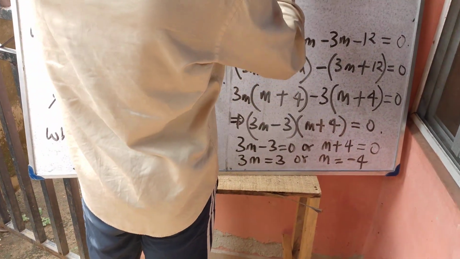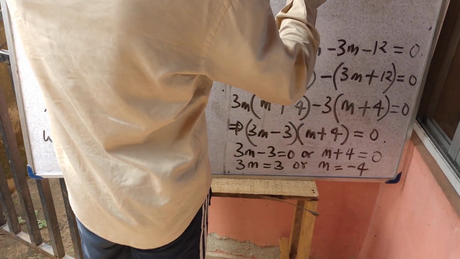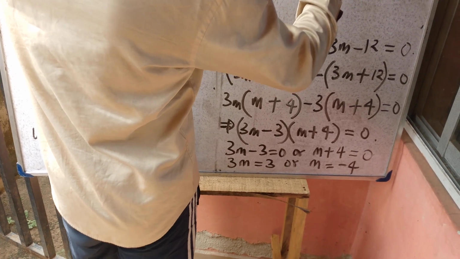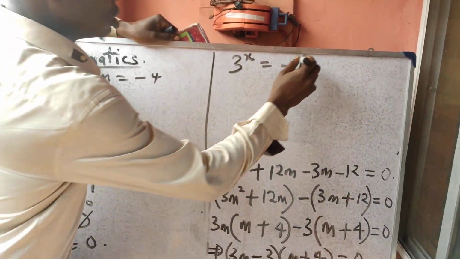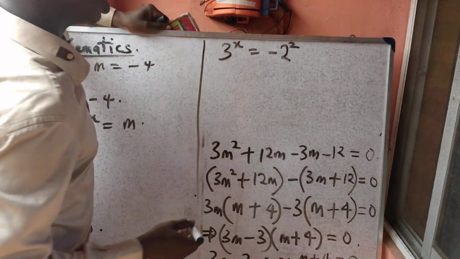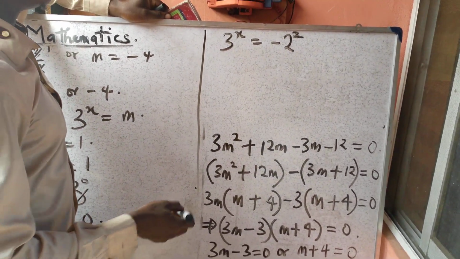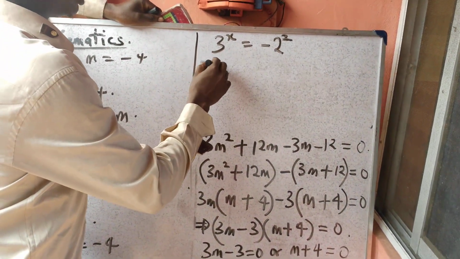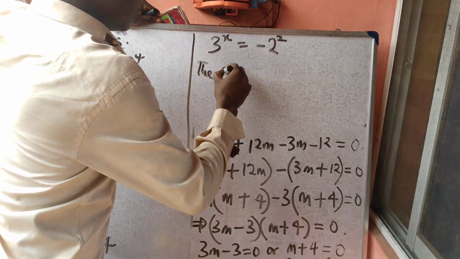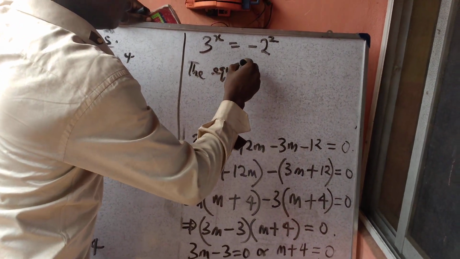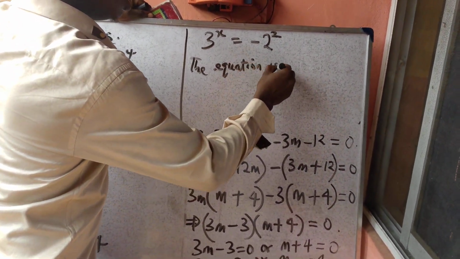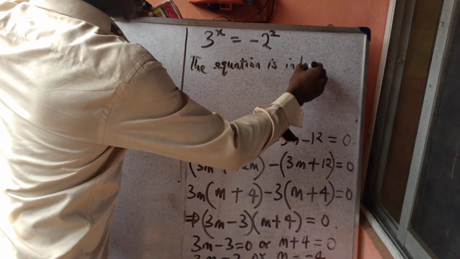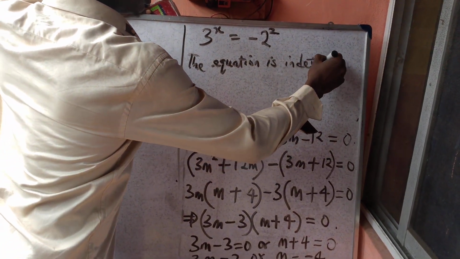This then becomes 3 raised to power x is equals to minus 4. And you see that the equation here is indeterminate. You can't solve that. The equation is indeterminate.